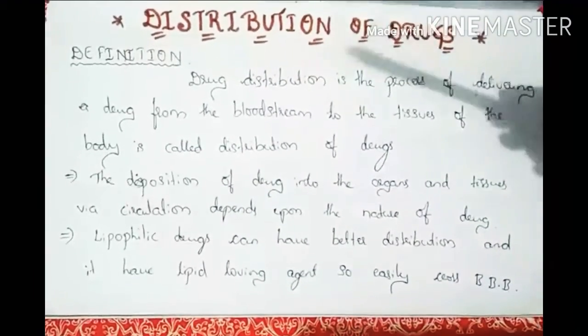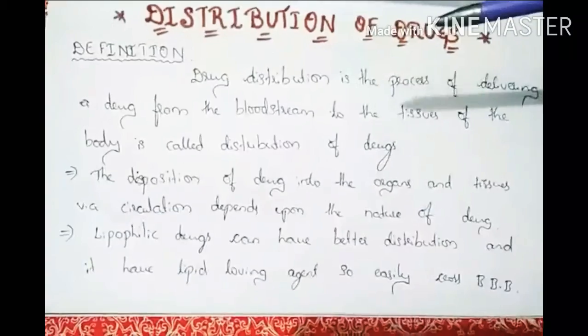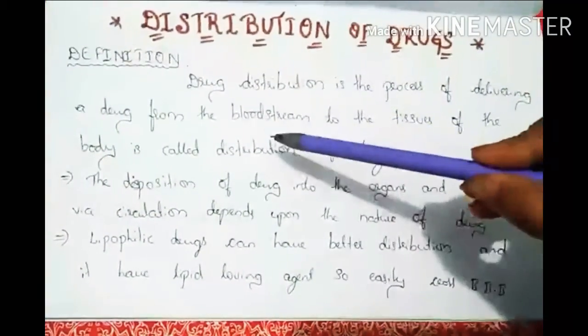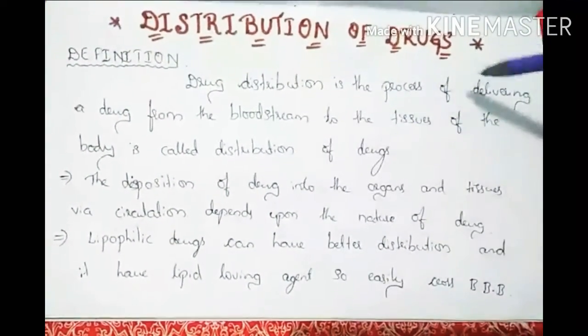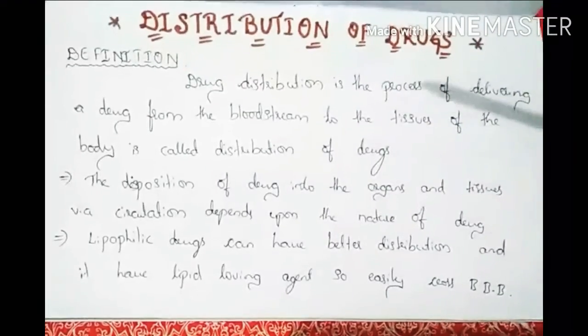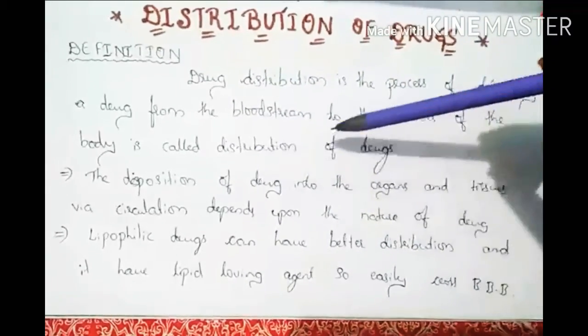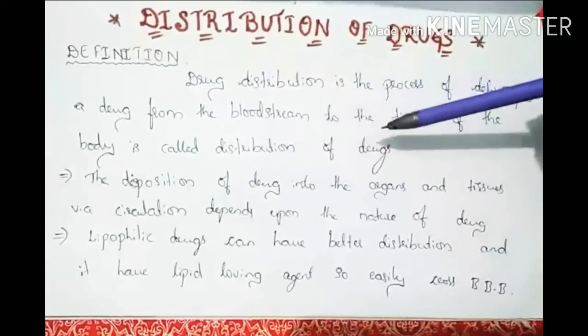After absorption, the drug is distributed through the bloodstream to the tissues or organs of the body, which is called distribution of drugs.